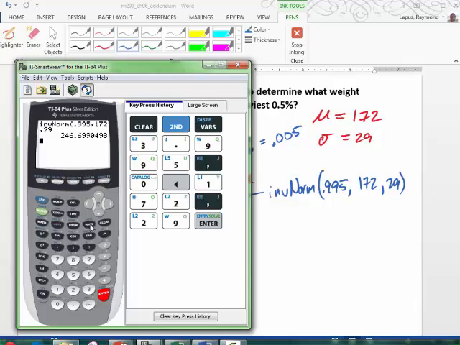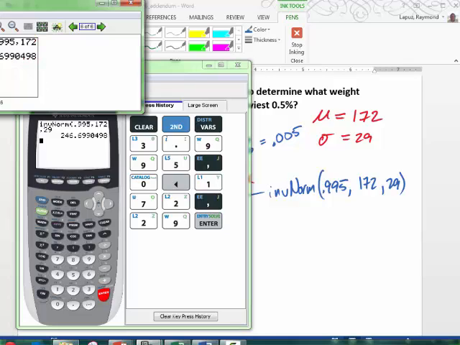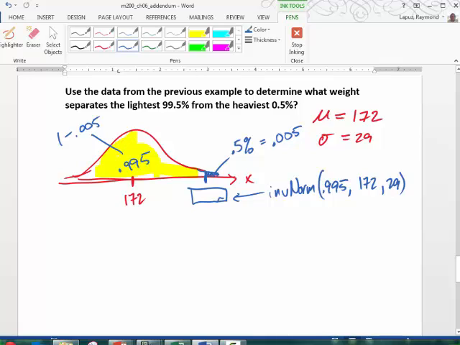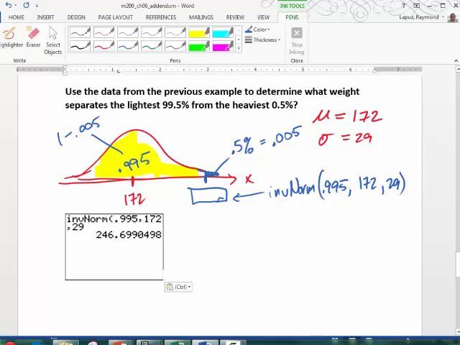Okay, so we got 246.69 or 0.7. So that is going to be the value that we'll put here. Let's call it 247. Okay, so that should be the value that we're looking at, or the value that we're trying to find.